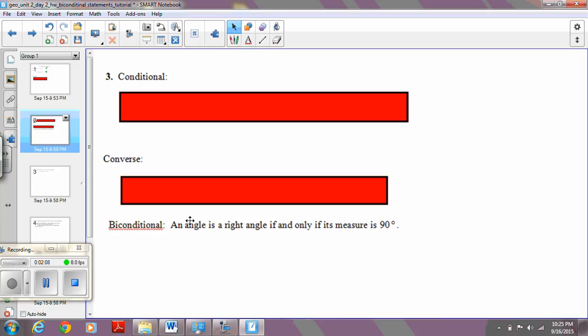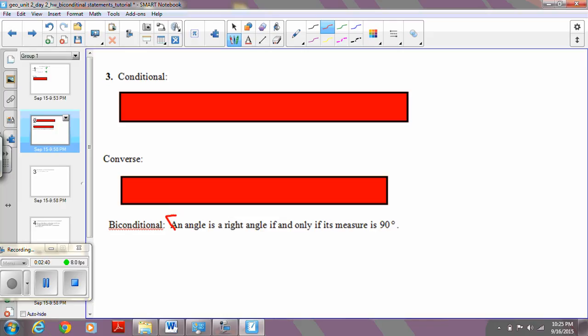On problem 3, they provide us with the biconditional statement. We have to break it apart and determine the conditional and the converse statement. So the biconditional statement reads, an angle is a right angle if and only if its measure is 90 degrees. So if we recall from class today, the hypothesis is going to be everything in front of the word if.